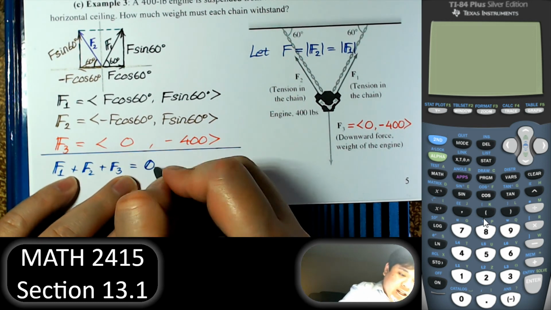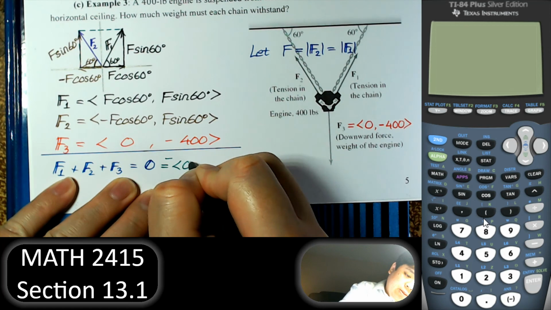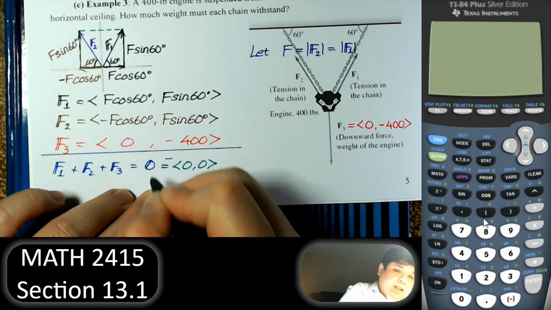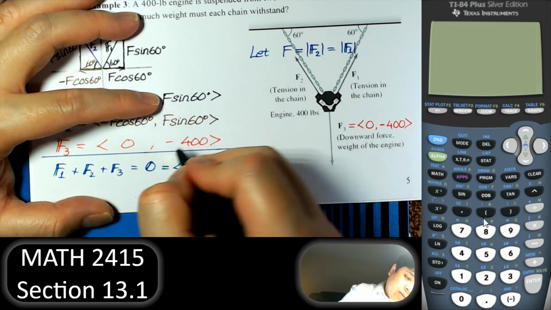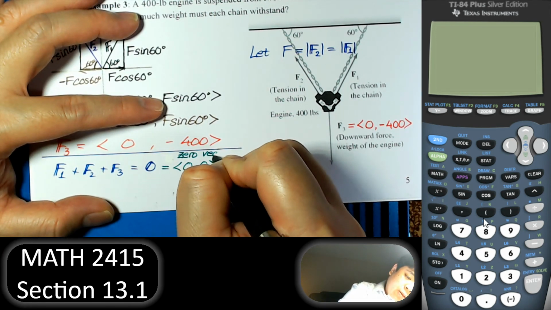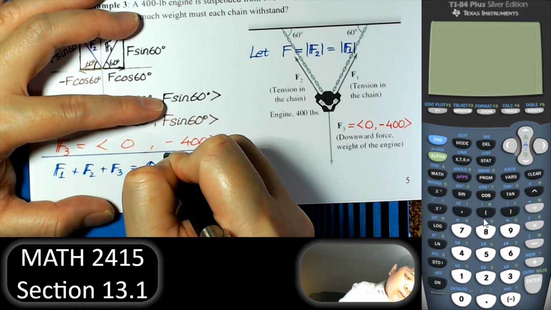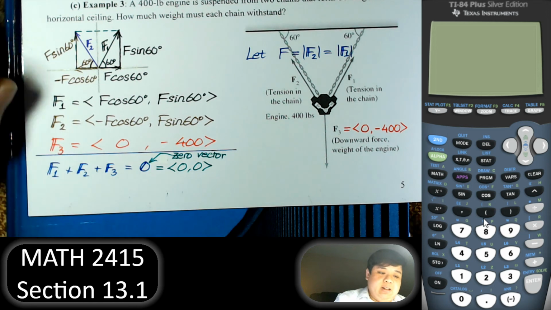Notice that this is a vector 0. That is the notation for the vector 0 or zero vector.